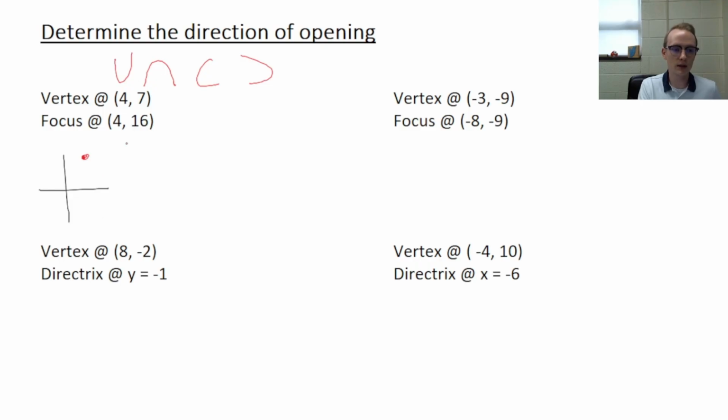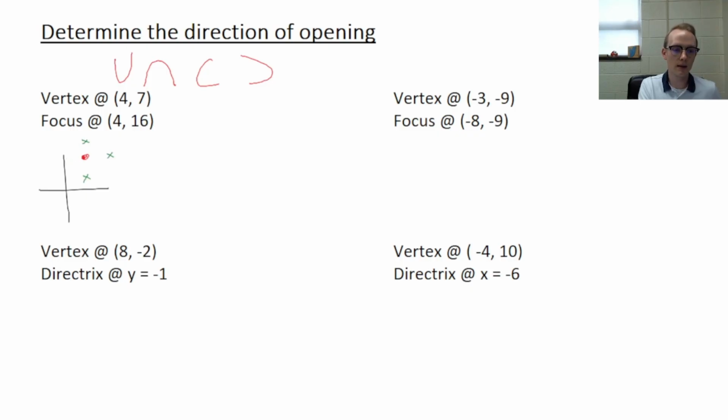If the focus is at (4, 16), where is that relative to the vertex? The focus is either going to be here, here, here, or here, either directly above or below, or directly to the left or the right. So it's at one of these 4 spots.